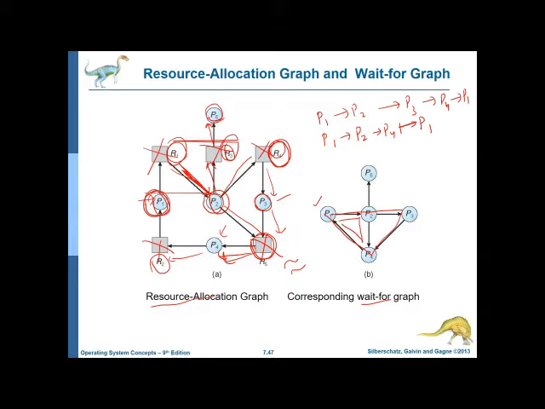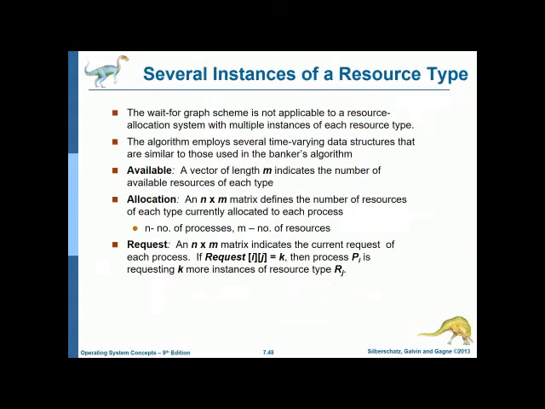Now, the next stage is that we have to recover from it. This was the case of single instance. Now, let us look at the second case, that is several instances. I suppose all of you know what is meant by several instances. Several instances means you have a resource box like this, and you have multiple instances inside it.